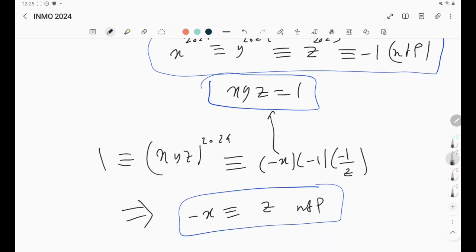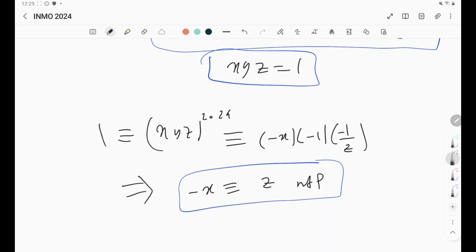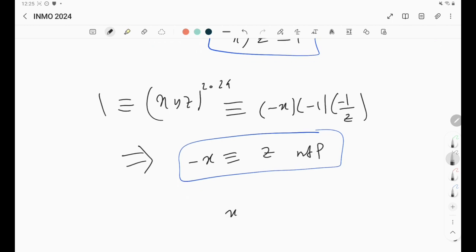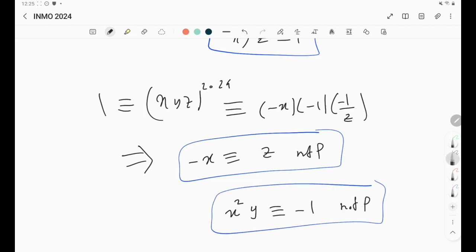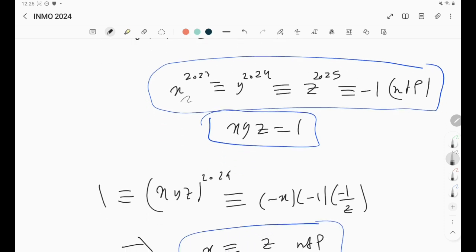Now actually you can get this here. So if you just plug it, you're going to get that x squared times y is congruent to negative 1 mod p. This is also nice. But actually, more importantly, because we found a relation between x and z, we can just plug it there, right? So let's plug negative x instead of z.